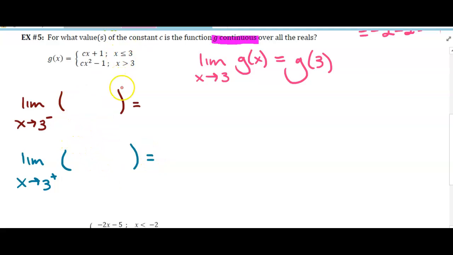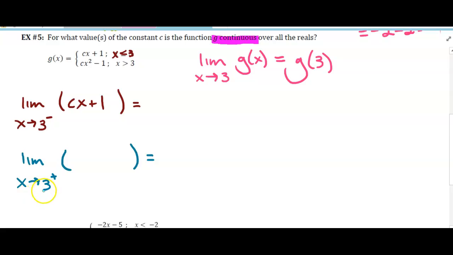Now, we've talked about this before, but when we are trying to decide what piece of our piecewise to use, for example, when we're trying to evaluate the limit as x approaches 3 from the left, that means we're looking for what piece of our piecewise is defined for x values that are just to the left of 3, that are less than 3. And that's going to be this top piece of our piecewise, cx plus 1.